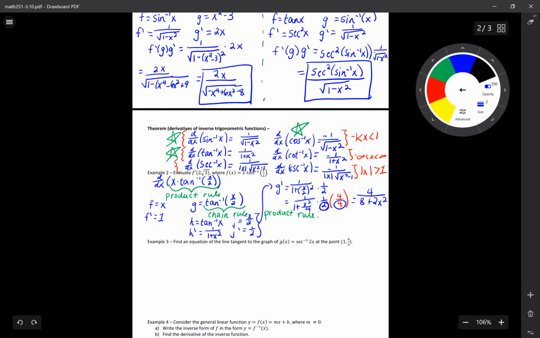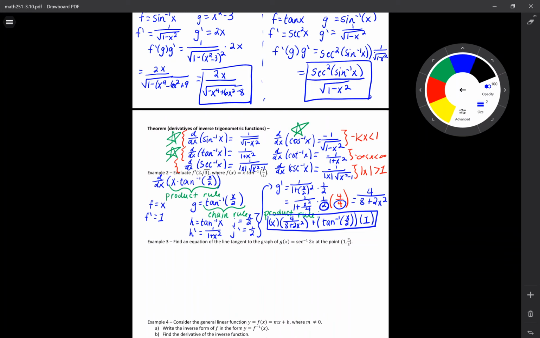The product rule says that I take the first, that's x, times the derivative of the second, which is 4 over 8 plus 2x squared, plus the second, tangent inverse of x over 2, times the derivative of the first. So this is our derivative: x times 4 over 8 plus 2x squared, plus tangent inverse of x over 2.